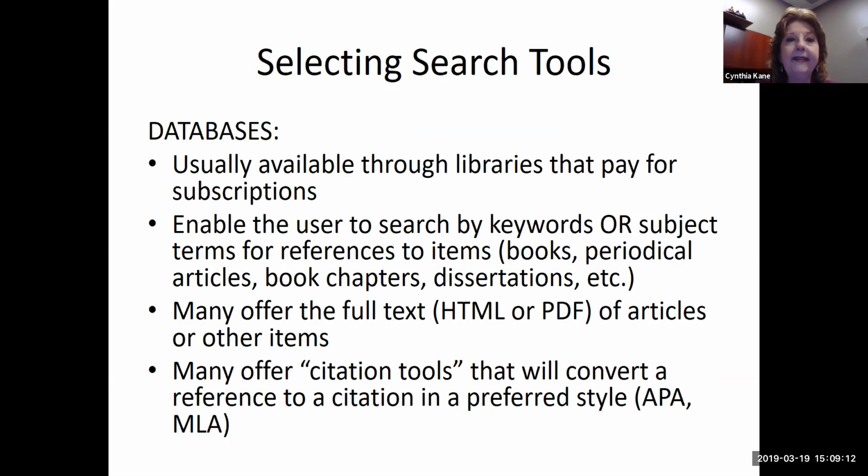A database can be the full text of many articles. A database can also be a library catalog that will help you identify items such as books that are owned by a particular library. Most databases, with the exception of library catalogs, are usually available through libraries that pay for subscriptions.